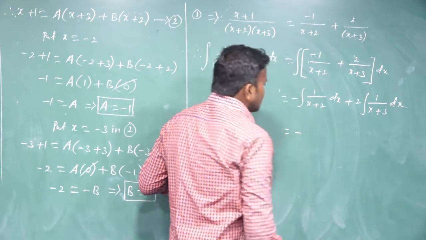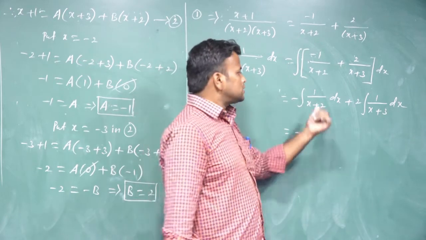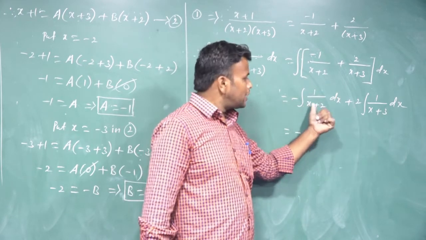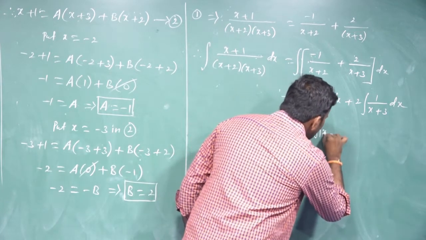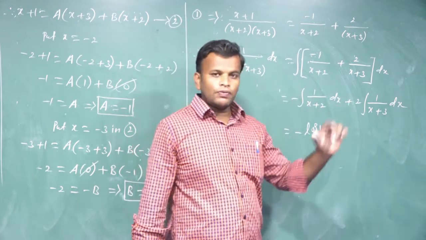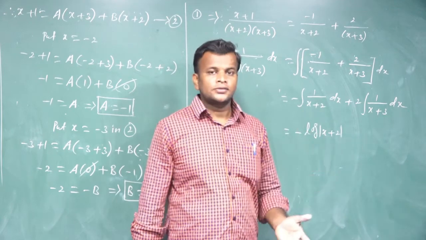Minus: the integral of 1 by x is log x. The integral of 1 divided by x plus 2, where the 2 is just a constant, has the formula log of modulus x plus 2. Actually, it's a composite function, so again we differentiate the term with respect to x.